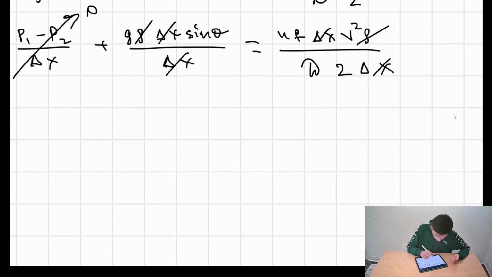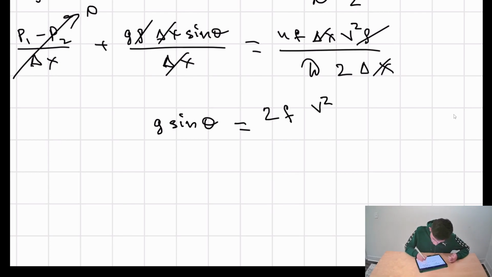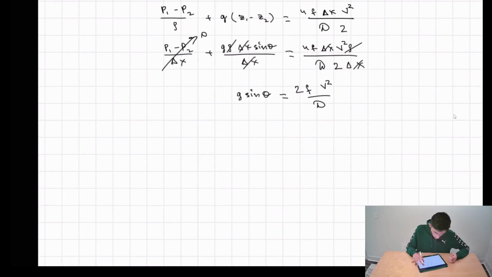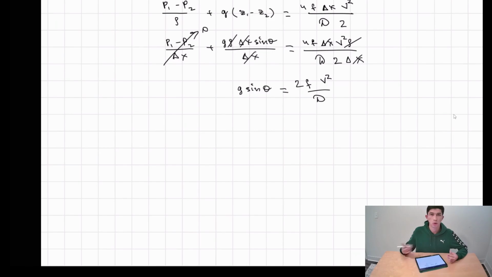So what we're left with is g sine of theta, where g is the gravitational acceleration, equal to 2F, because 2 and 4 cancel, where F is the Fanning friction factor, times velocity squared over D. This is the expression we get for g sine theta using Bernoulli's equation.